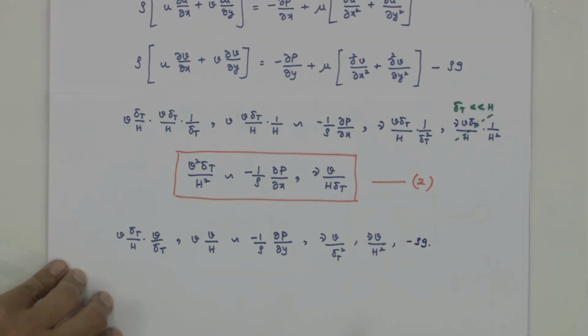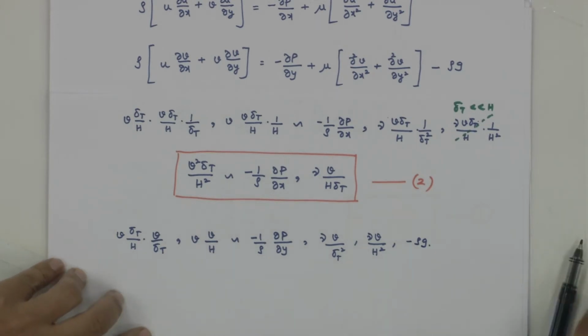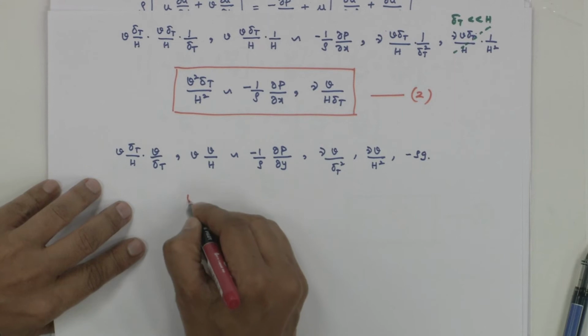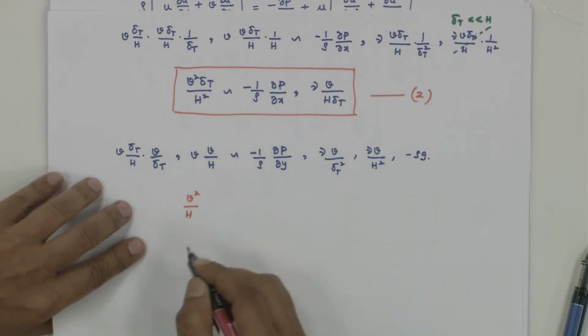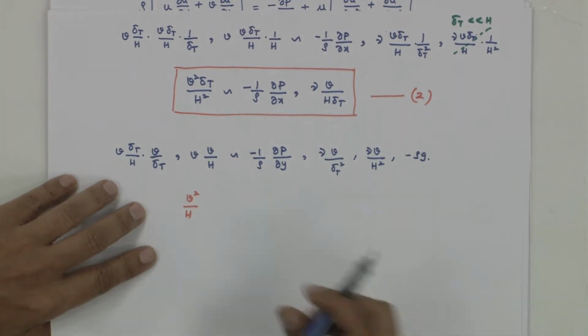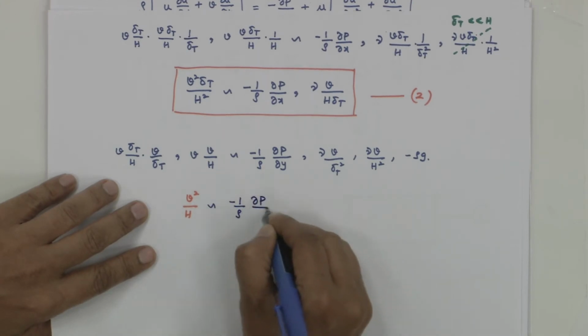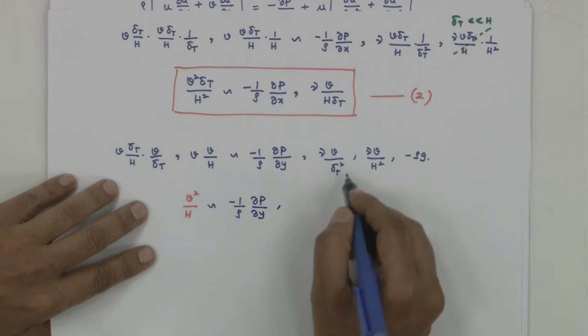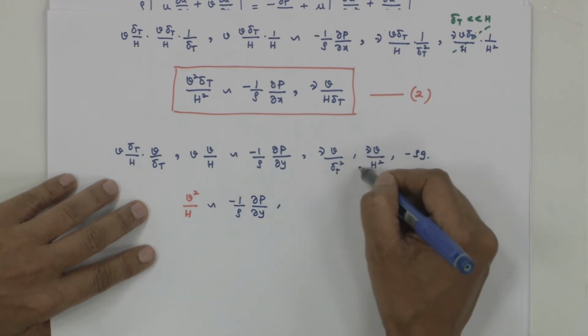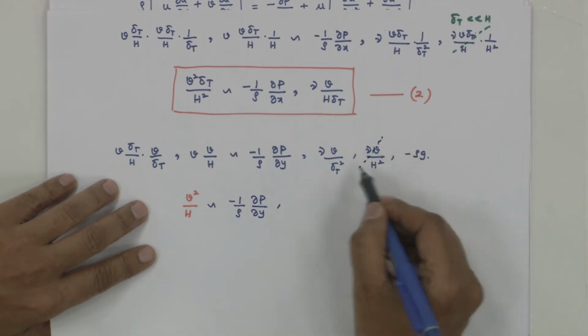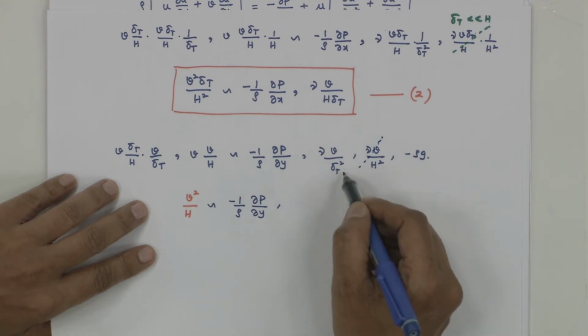So the left hand side is going to have the scale V squared by h, of the order of minus 1 by rho del p by del y. Out of these two viscous terms, this one can be neglected because 1 by h squared is at any rate lower than 1 by delta t squared.